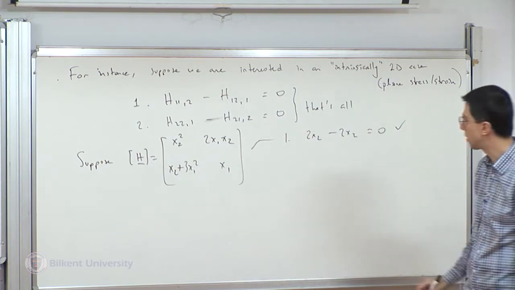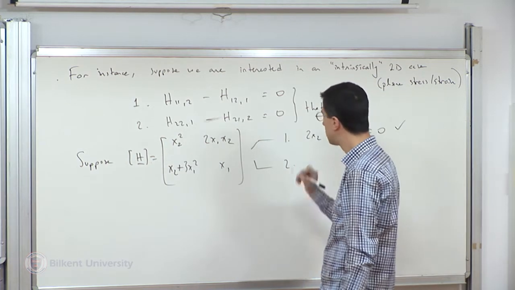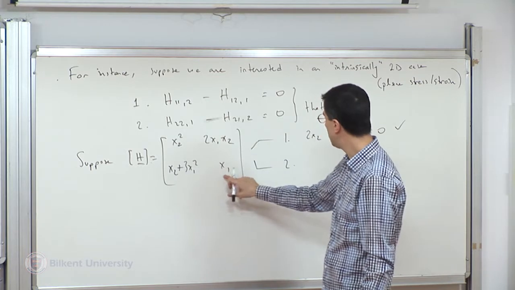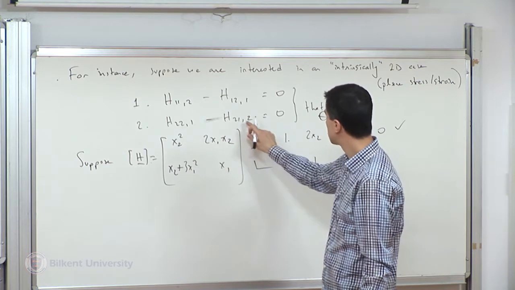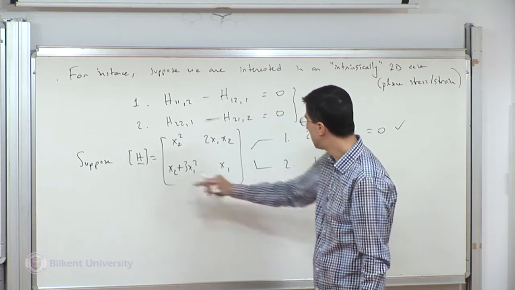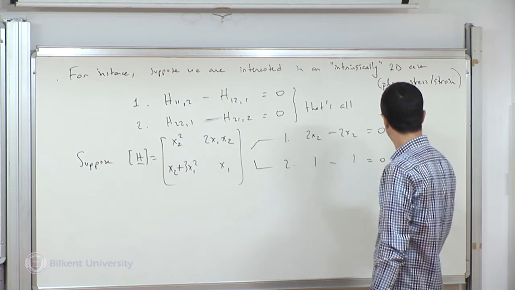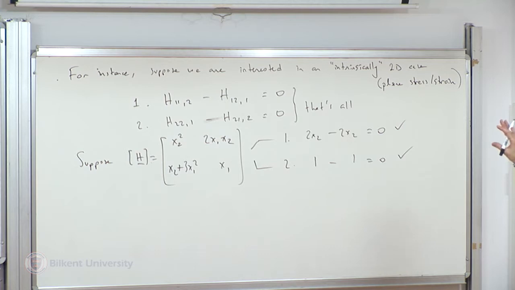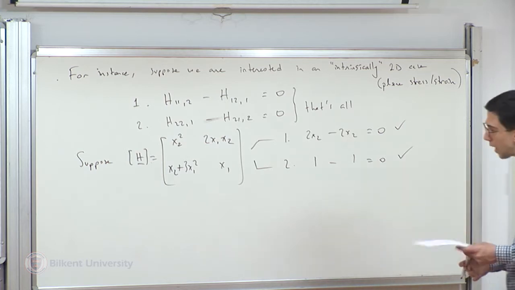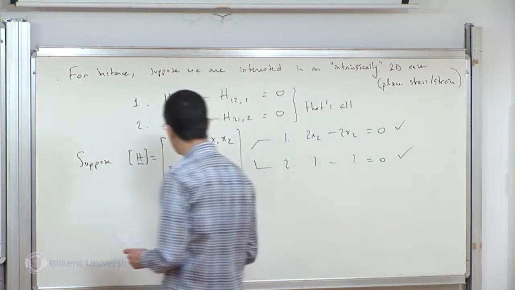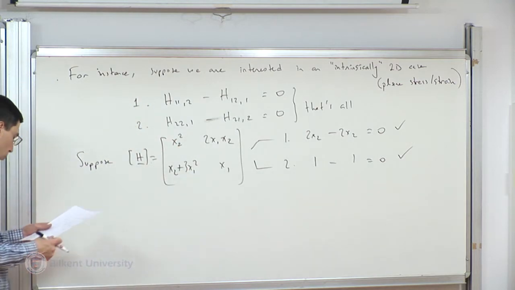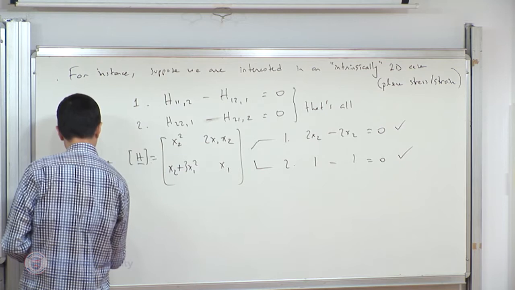So the first requirement checks. And then you go to the second requirement, 2, 2, comma 1, that's a 1, minus 2, 1, comma 2. That's another one. That also checks. So now without going through all the trial integrations, you immediately believe that there is such a U, and then you would go on with the effort of finding it.